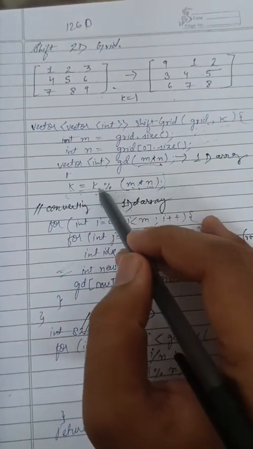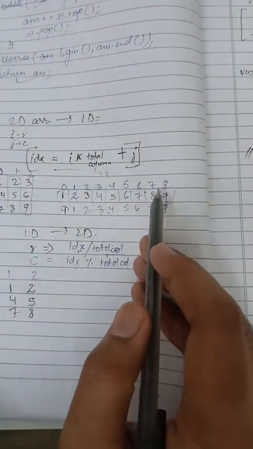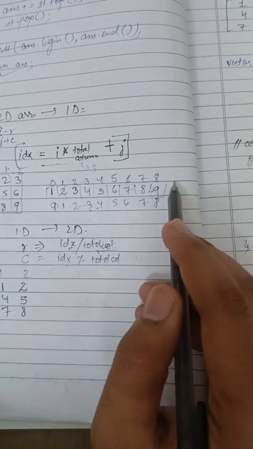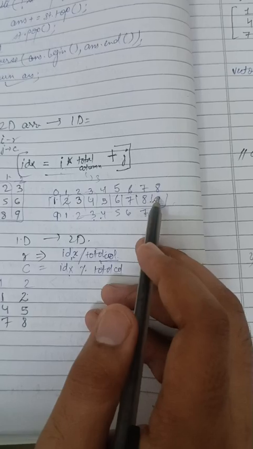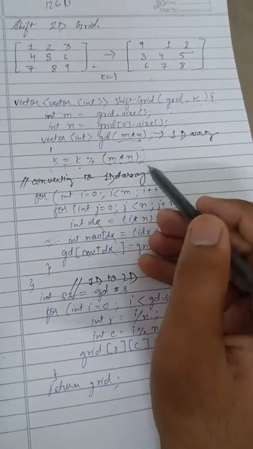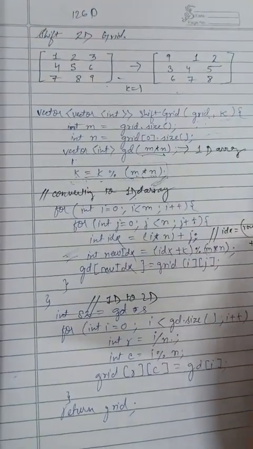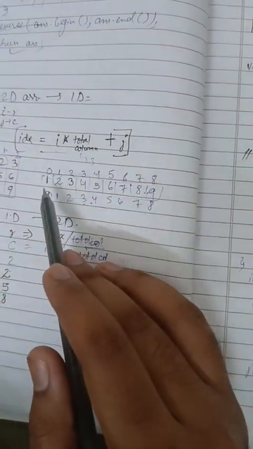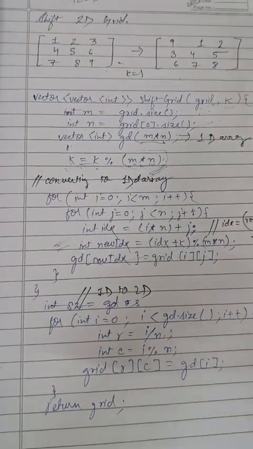So that's why I am doing this here. 9 cannot be at the 9th index; it must be at the 0th index, it must come forward, right? In order to do that, I have used this formula, to bring 9 back in front. Simple, you must already know, right?